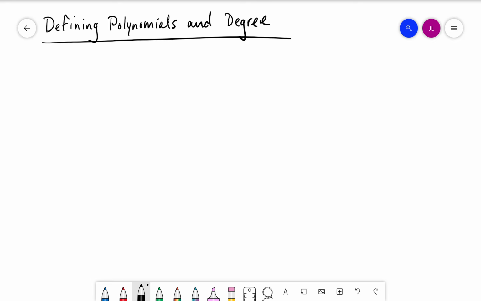Okay, back again. Today we're going to be starting a little bit on polynomials. We're going to look at defining polynomials and what we mean when we talk about degree.